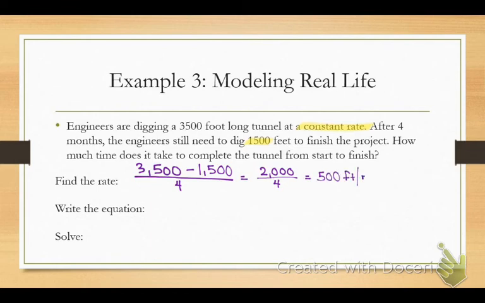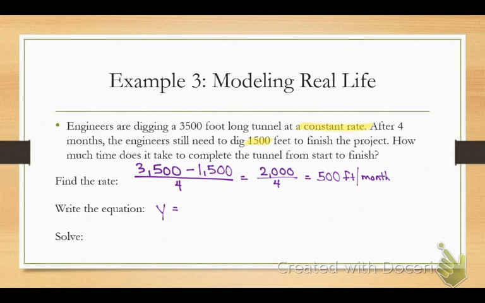Okay? So now that I know that, I can scale it. I know if they are consistently, no matter what it takes, digging 500 feet per month, how many months is it going to take them start to finish to dig this tunnel? Okay, so my equation, y stands for my final amount.